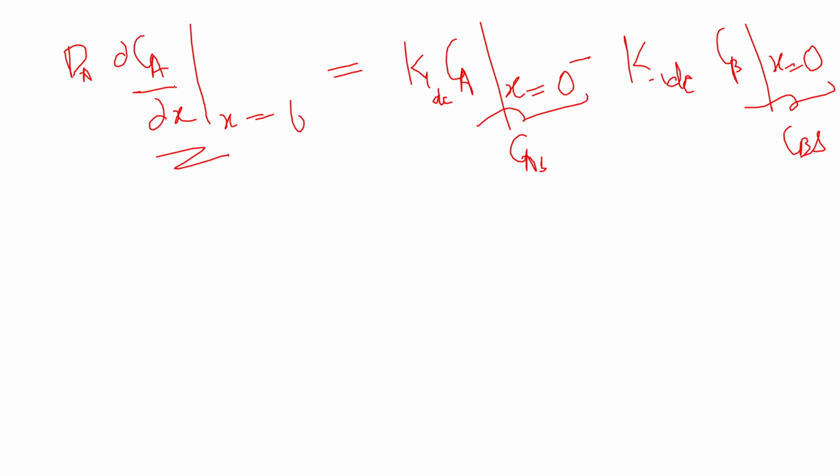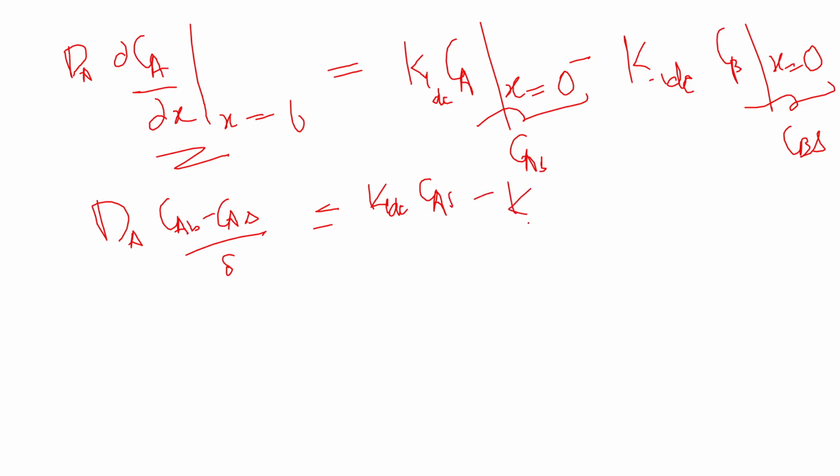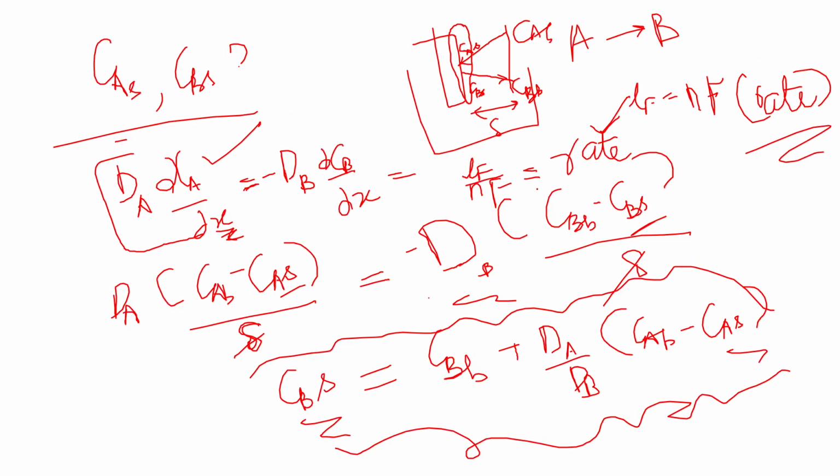I can just write that as the change again, dA ... CAB ... by del ... at x equal to 0, so CAS minus K minus 1 dC CBS, right?